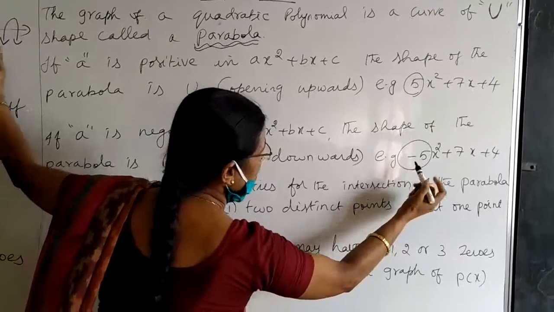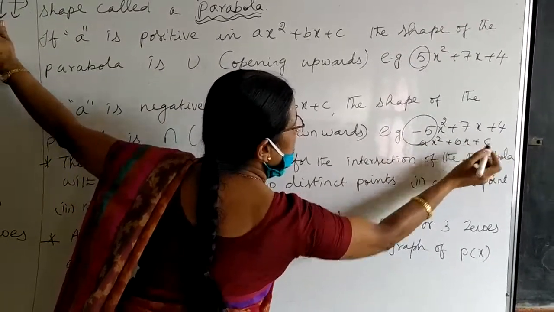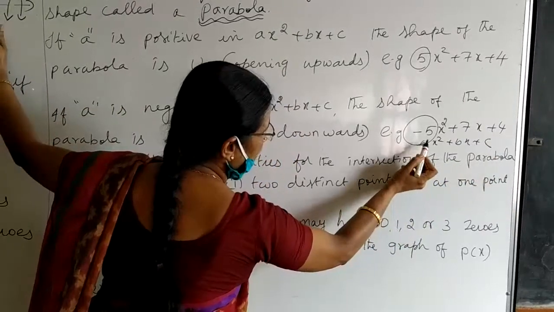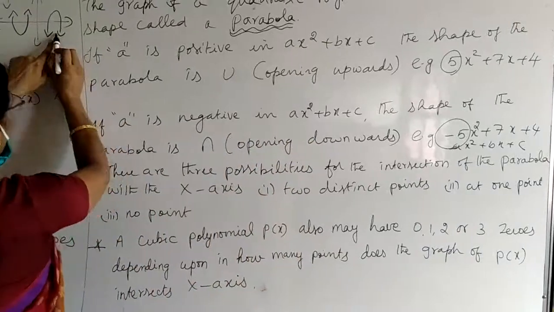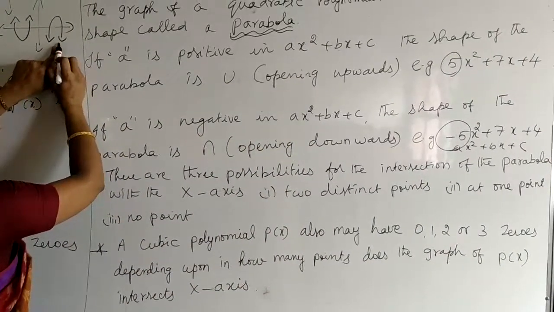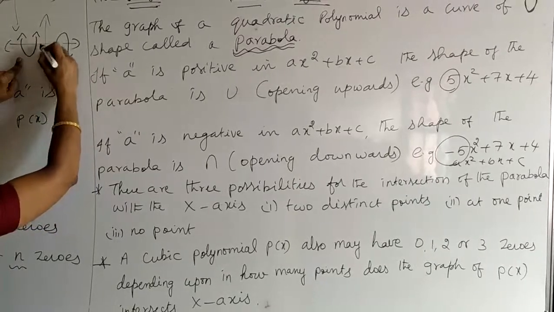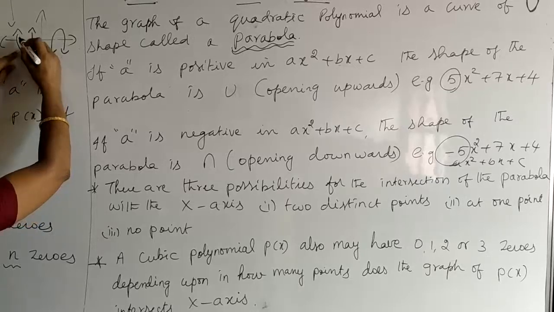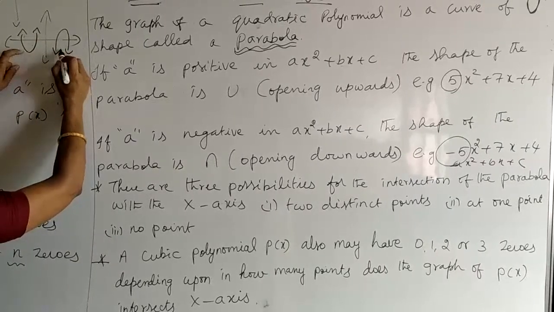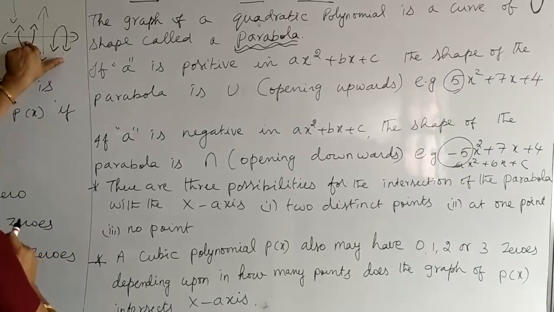If we compare this with the standard form, we will get ax square plus bx plus c. If the value of a in the given polynomial is negative, we will get a graph like this, opening downwards. Whereas if a is positive, we will get a U-shaped curve opening upwards. So opening upwards and downwards is decided by the sign of a in the standard form.